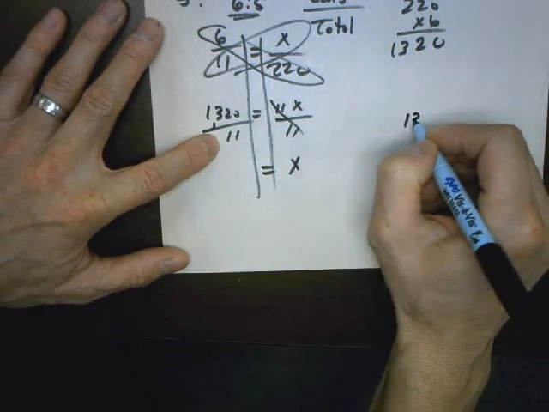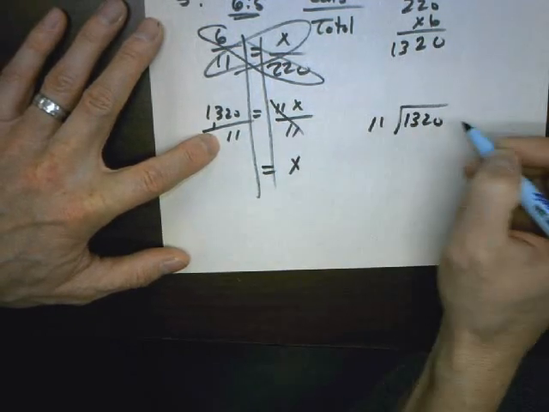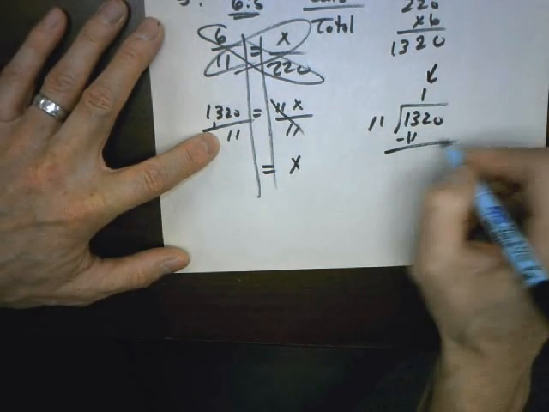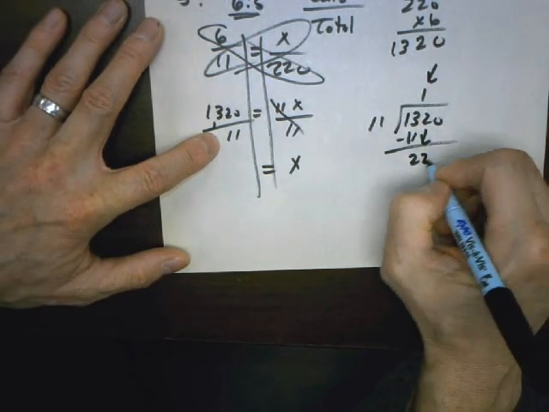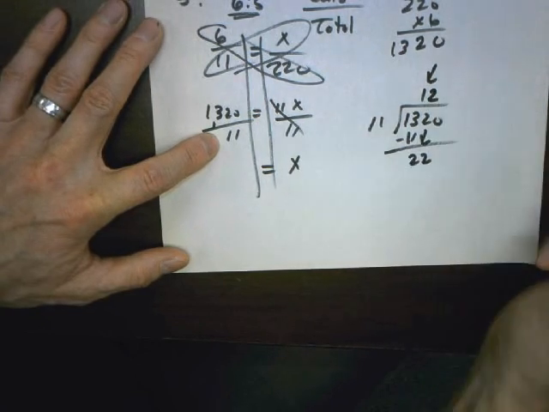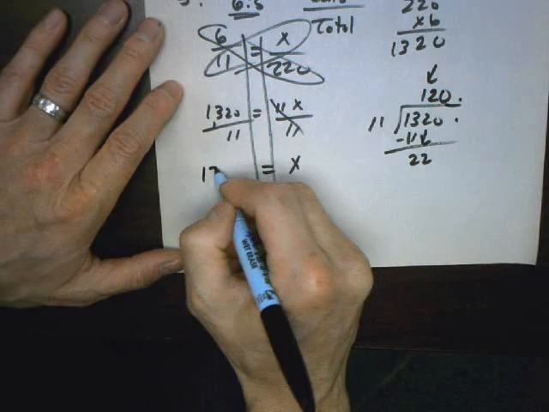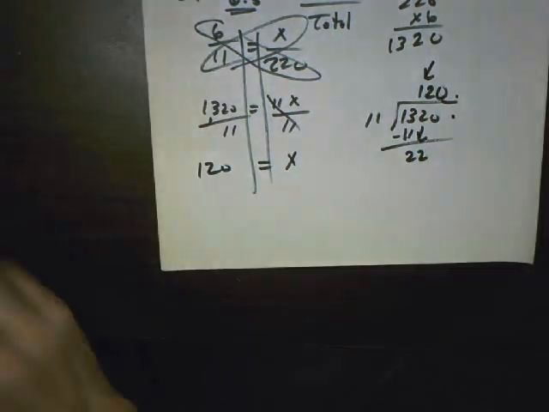And so I go in and out, 1320 goes in, 11 goes out. 11 goes into 13 once, so that's where my first number has to go. Can't go anywhere else. Drop one digit down, 11 goes into that, but now my answer's not 12 because my decimal's over here, so I got to fill that in with a 0. So 120 cats. Check your answer in the back. Beautiful. Number 6.